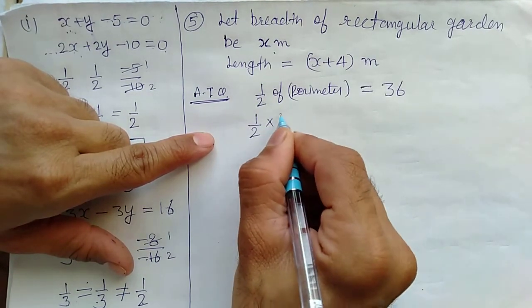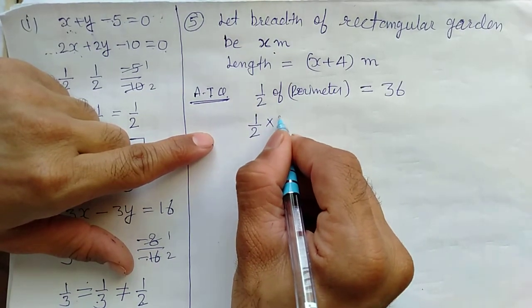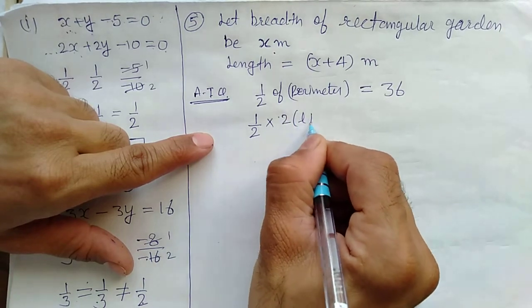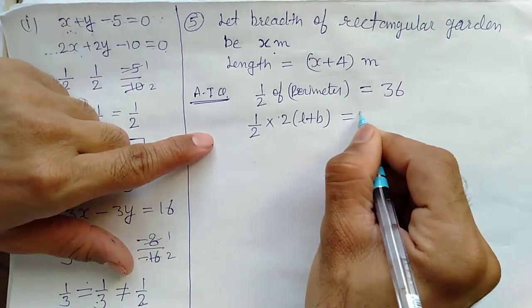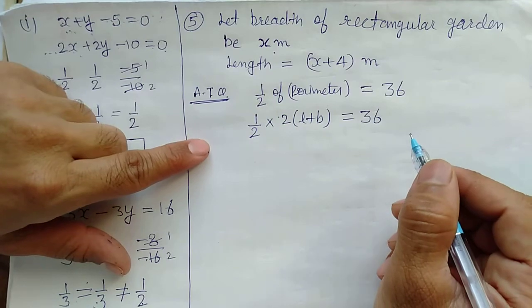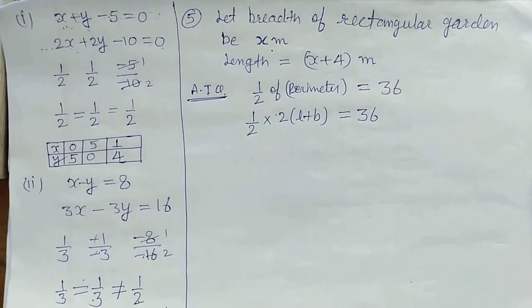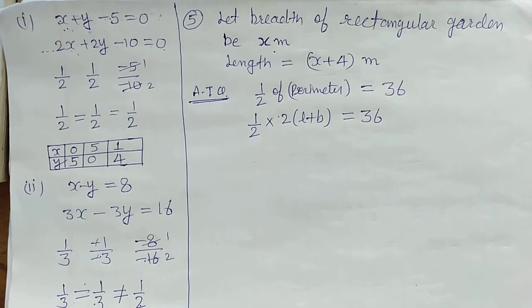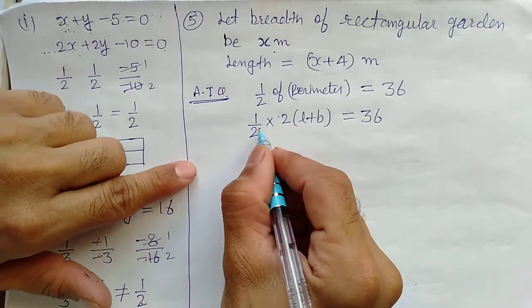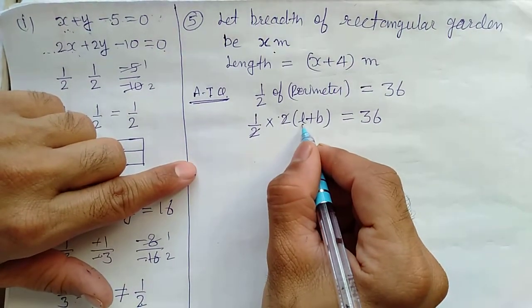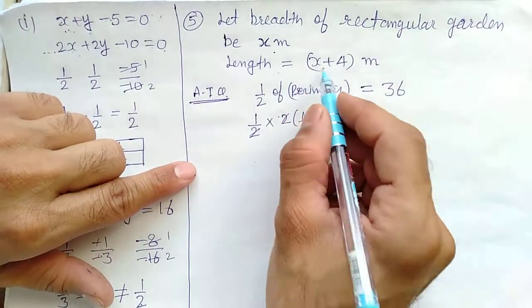Half multiplied by perimeter, which is 2 multiplied by L plus B, is equal to 36, right? Try to understand it. This is the perimeter. Now 2 and 2 cancel. What is L? Length is x plus 4.